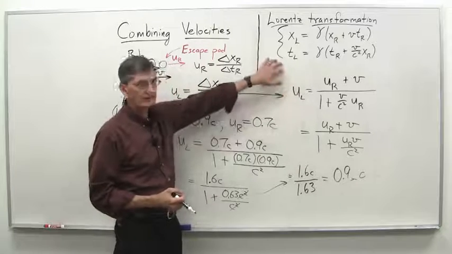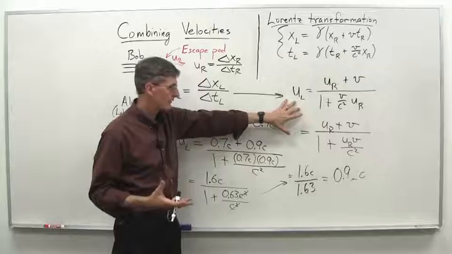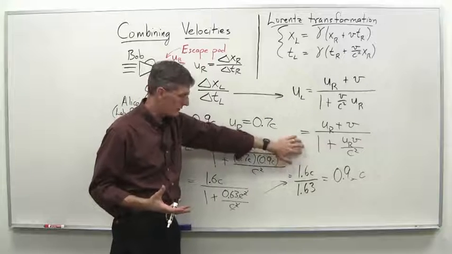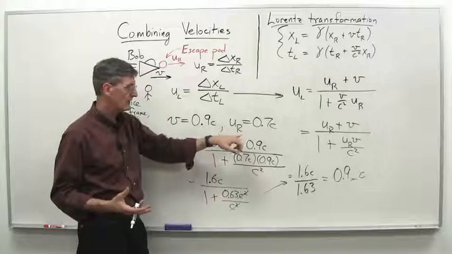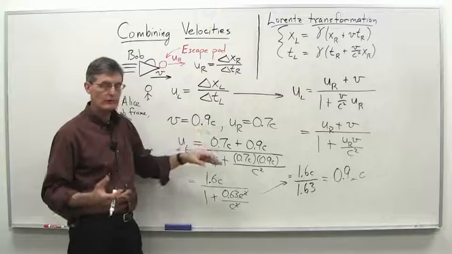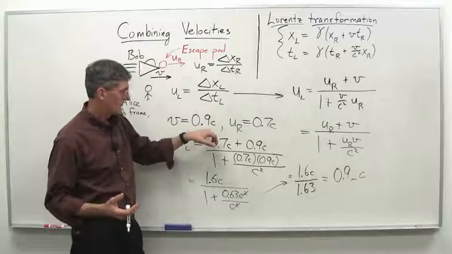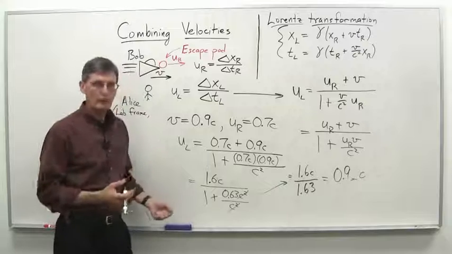Because of the Lorentz transformation, how that works, we put this together, found out the velocity in the lab frame. We get this equation here. This equation will always give us, no matter what these two values are, again, as long as they're less than the speed of light for objects that we're dealing with, a result that will always be less than the speed of light. It adds in sort of a weird way.